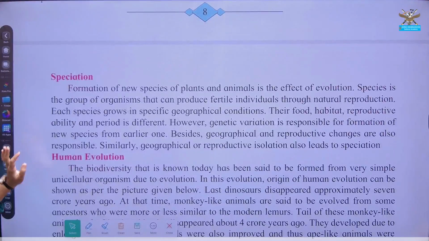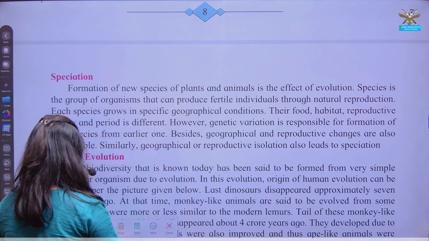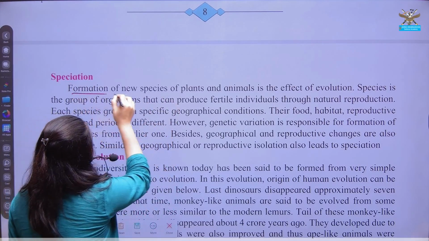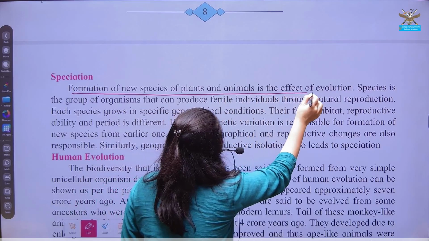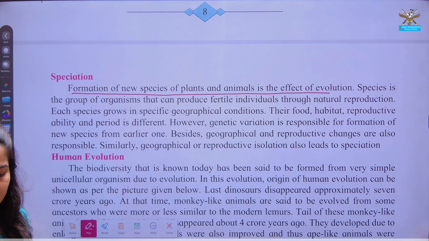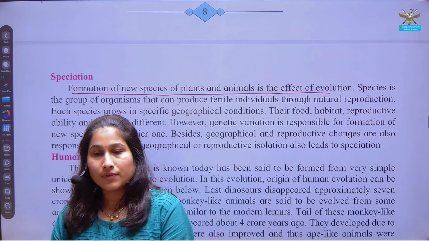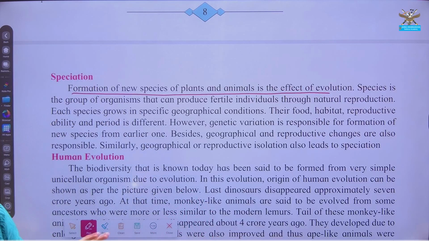Next comes speciation, the formation of new species, the formation of plants and animals with the effects of evolution. So new organisms can be formed by different environmental factors, like genetic drift or evolution. New species may also form because of mutation, right?